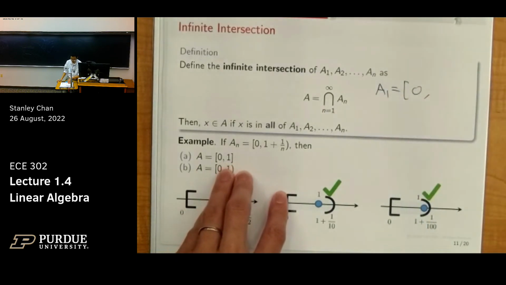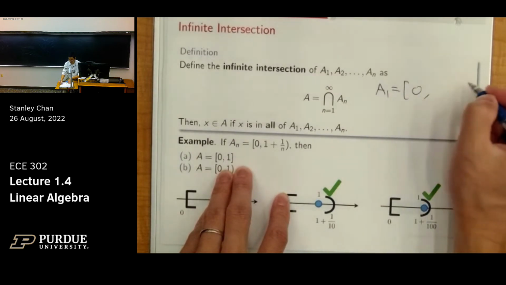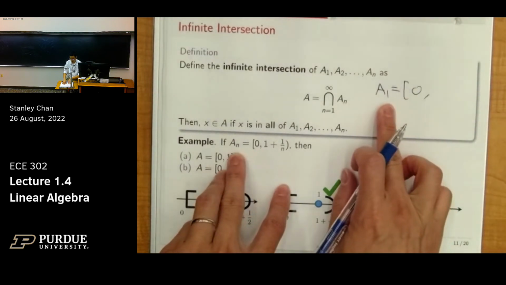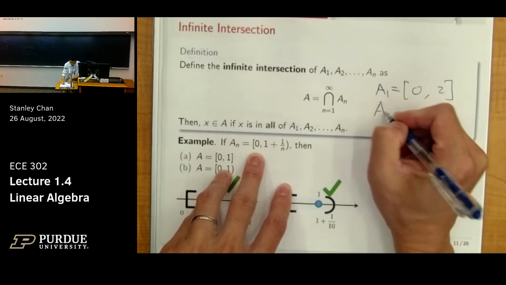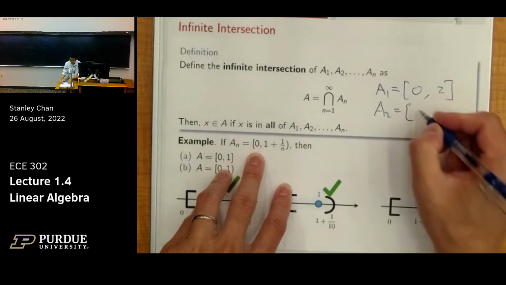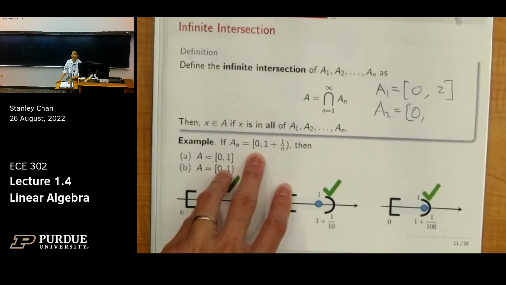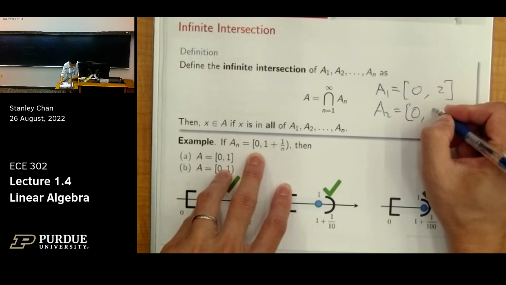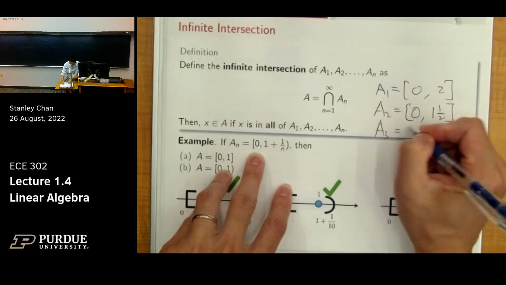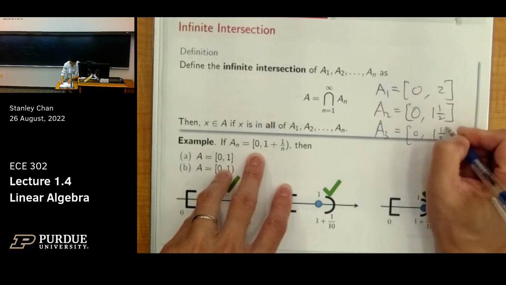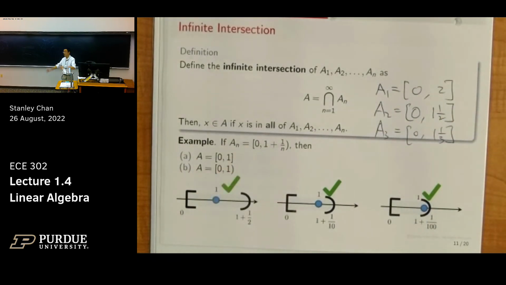A1: I just put n equals 1, so this is 0 and 2. Great. How about A2? 0 and 1 and 1/2. Then A3 will be 0 and 1 and 1/3. So as n becomes bigger and bigger, where will the right-hand side go?